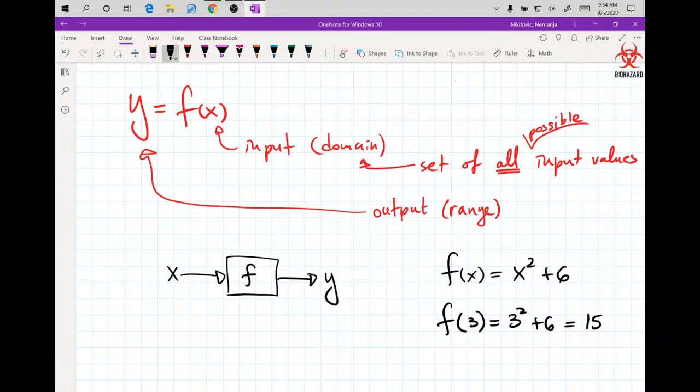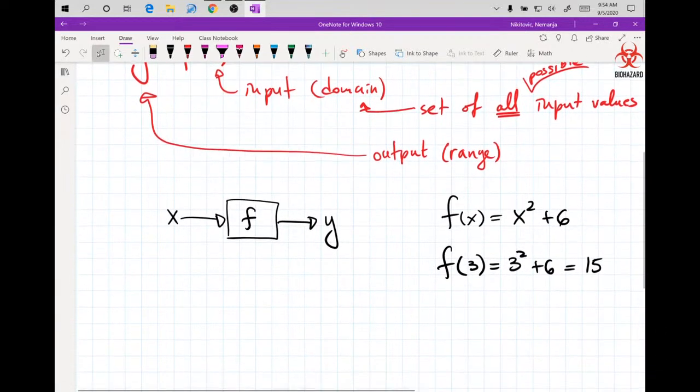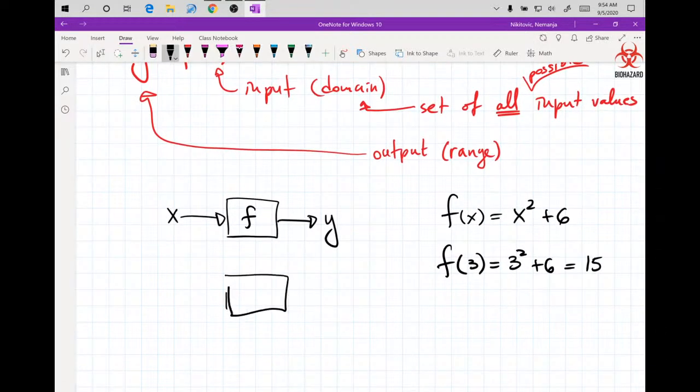So the diagram is 3 coming in, then x squared plus 6 operates on it, and the 15 comes out. So that's what we have.